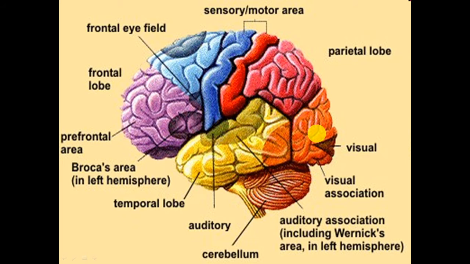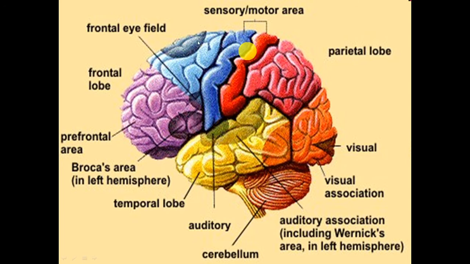Now, if you look at our list, this parietal lobe is going to be for sensory and motor. And it's separated kind of in half by a major sulcus called the central sulcus. This is the central sulcus right here. It's between the blue and the red stripe here. This central sulcus divides the brain kind of from front to back.